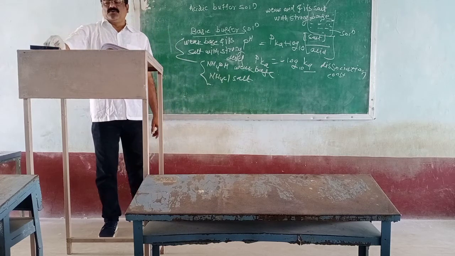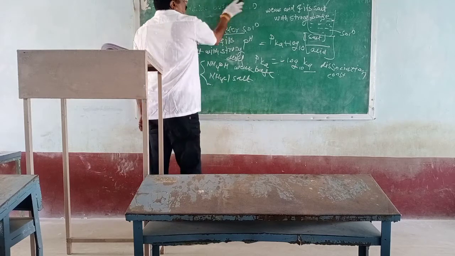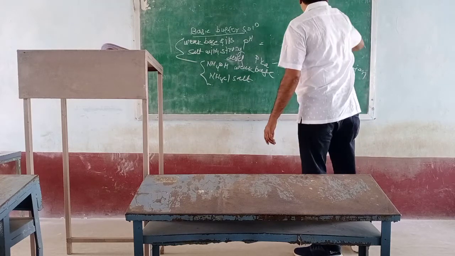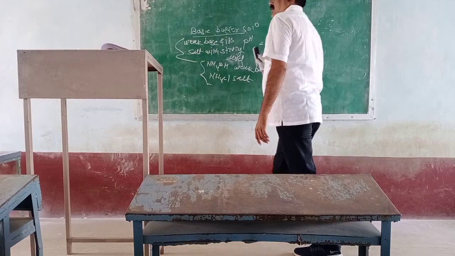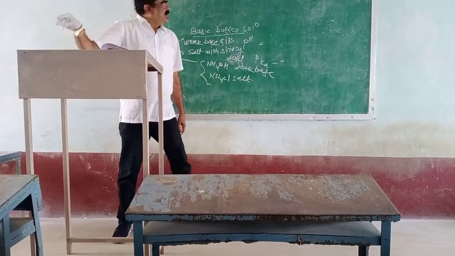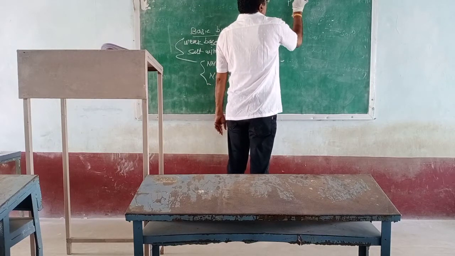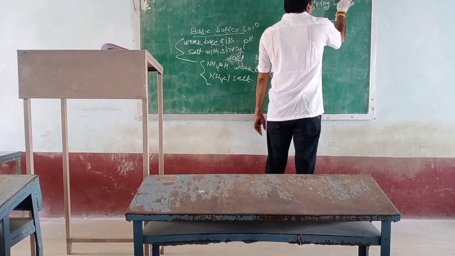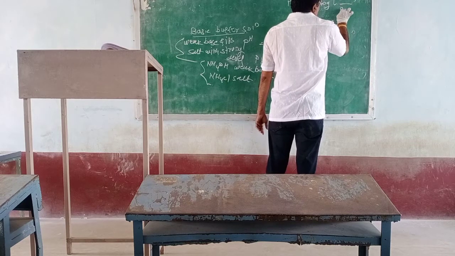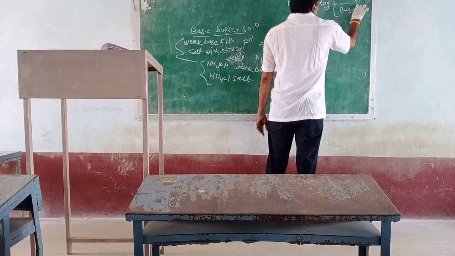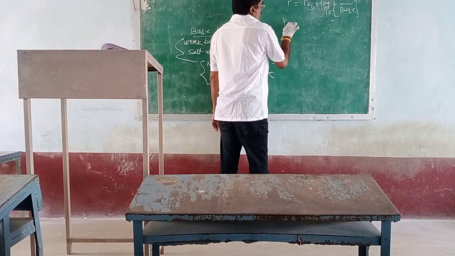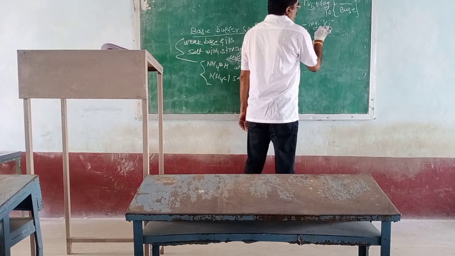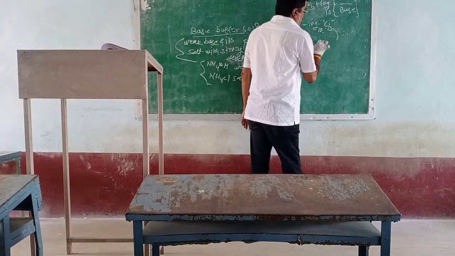This basic buffer solution is given by the formula pOH is equal to pKb plus log salt by base, to the base 10, where pKb is equal to negative log Kb to the base 10, where Kb is the dissociation constant.